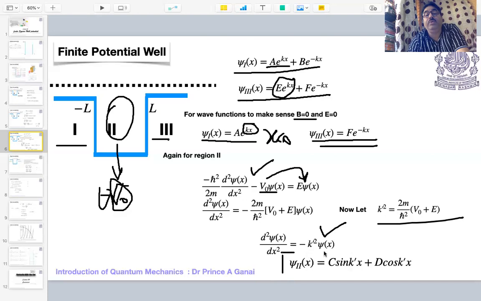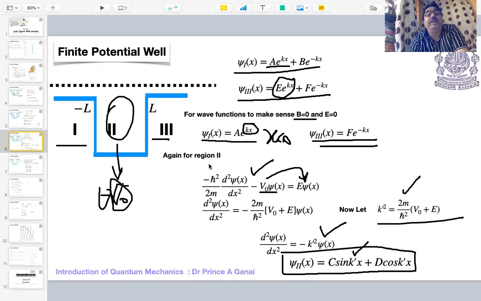So in region 2, we have trigonometric solutions in terms of a new factor, k prime. We have k prime defined as the square root of 2m by h bar square times (V0 plus E), some sort of an energy parameter. And then the solution for the Schrodinger equation in region 2 is now c sine of k prime x plus d cos of k prime x.